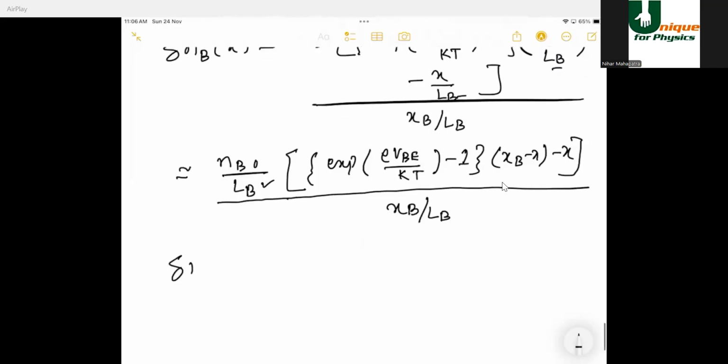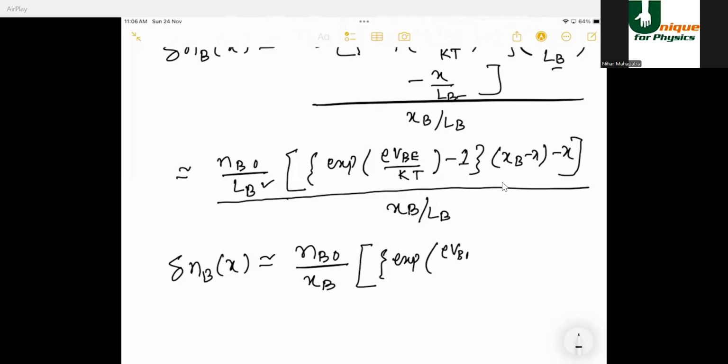So delta nbx is approximately nb0 divided by xb, cancelling our Lb. Now you can see this as exponential eVbe upon kT minus 1 times xb minus x minus x.